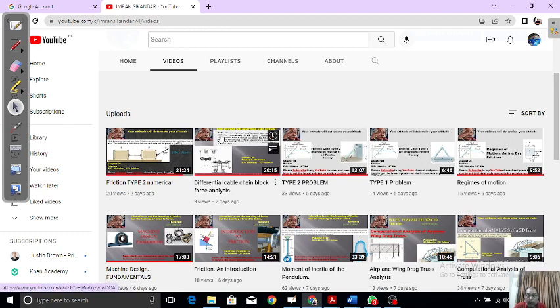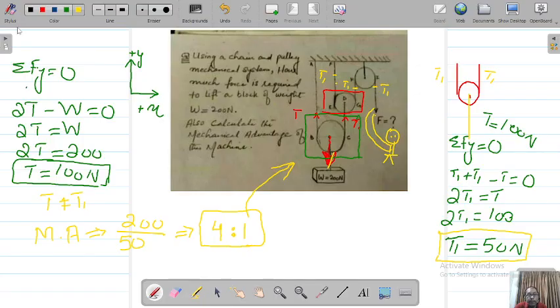Remember, this is a more difficult problem. If you do this problem, you'll be able to understand differential chain cable force analysis much better. I hope you have understood the concept of how chain and pulley mechanical systems, these machines, are solved in statics.